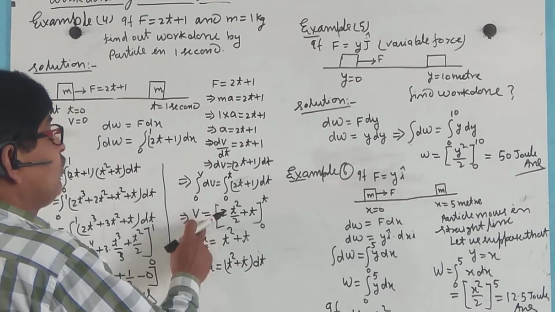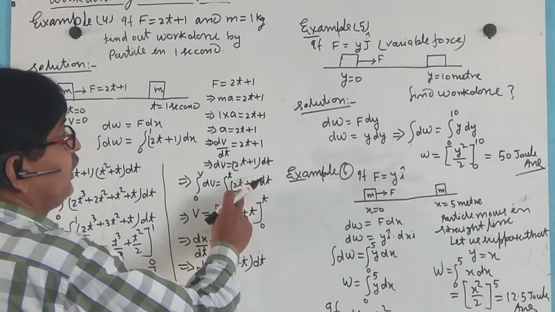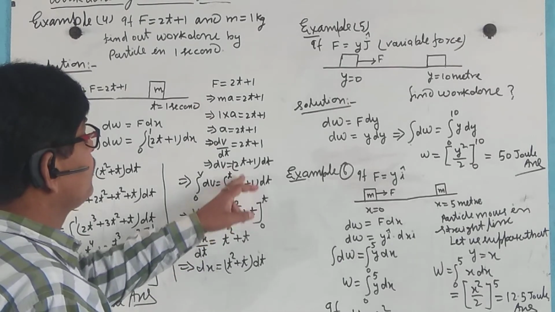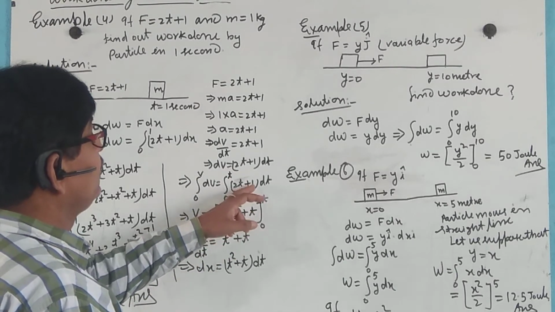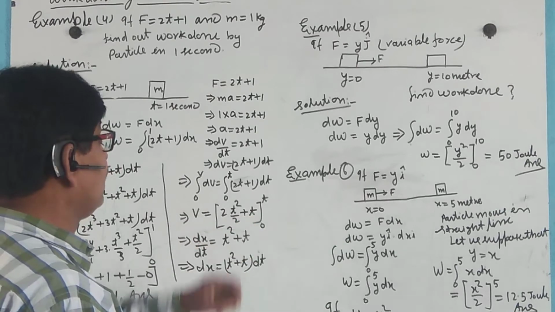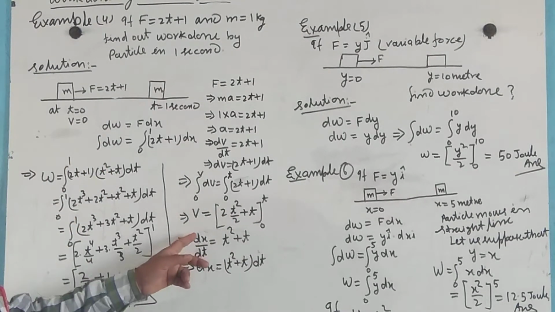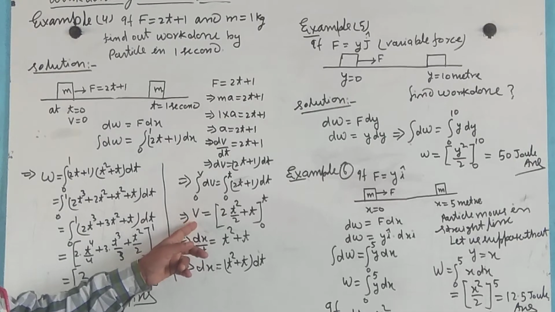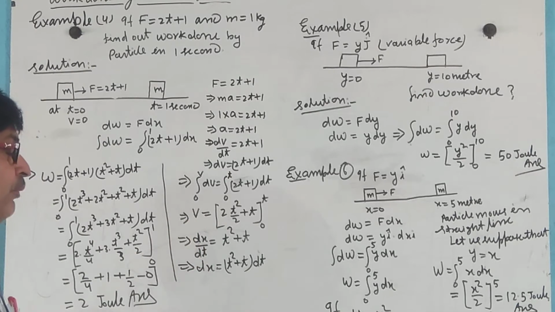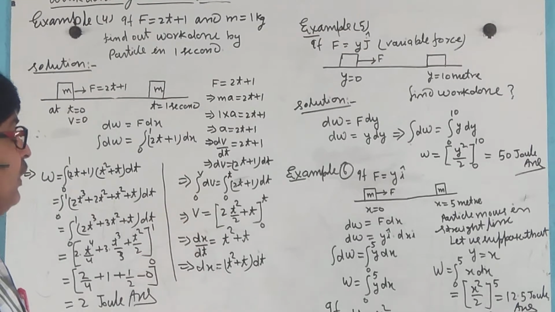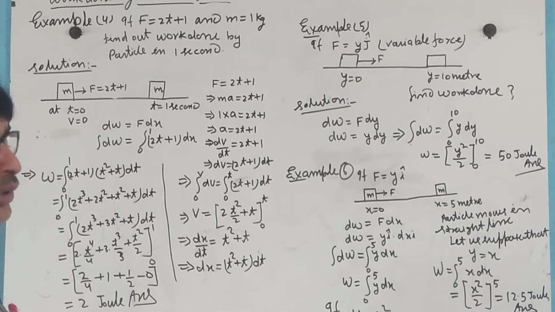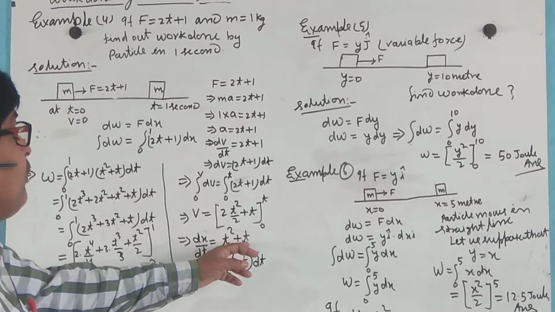Now v is equal to the integration of 2t, t square by 2 plus 1 dt, which equals t here, so that 2 cancels. v is the velocity; the rate of change of displacement is known as velocity, so v can be written as dx by dt, and this is t square plus t.